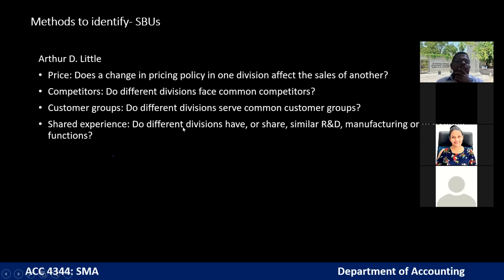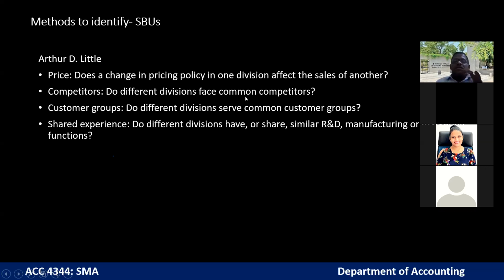That's another question. Customer group: do different divisions serve a common customer group? Shared experience: do different divisions share similar research and development, manufacturing or functions? If a pricing policy in one division does affect the sales of another, then of course you can consider it as an SBU.